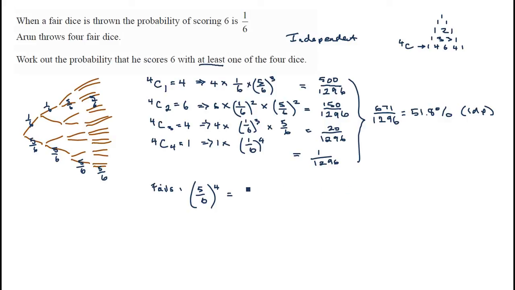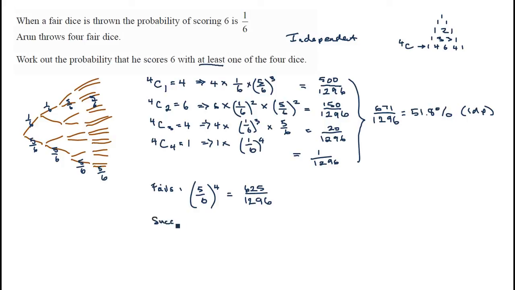So 625 out of 1296. Okay. So 625 is not too far away from 671, so it does look like we're on the right track here.